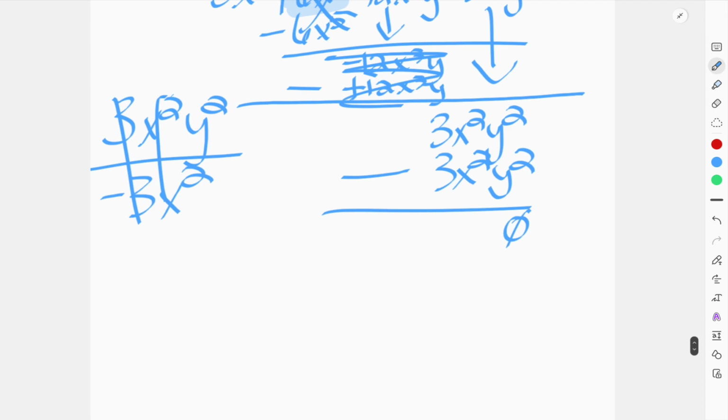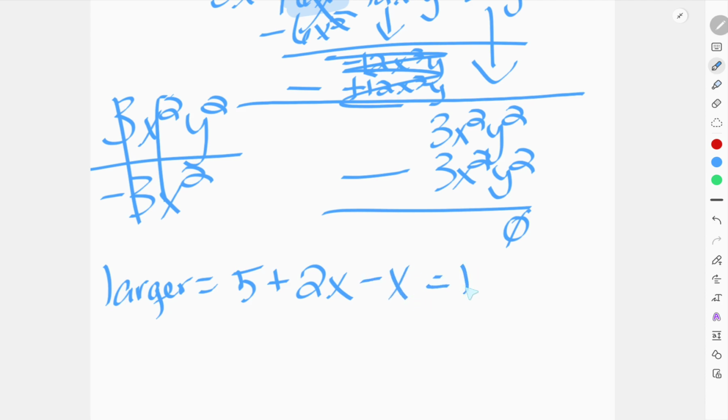So I have the larger number equals 5 more, so more is plus, than 2 times the smaller. Okay? So the smaller is just going to be x. Their difference is 13. So their difference is going to be minus x. And that's going to equal 13. So 5 plus 2x minus x equals 13.